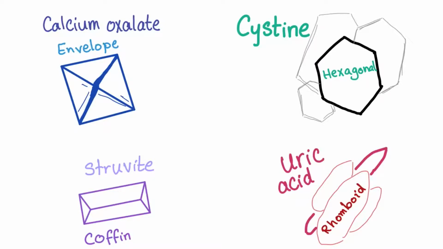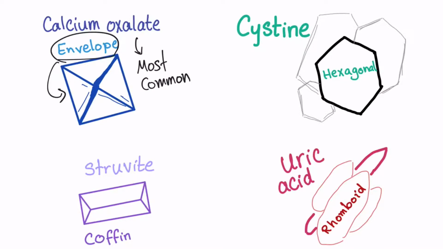These are the most high yield crystals for your exam and for life. First we have the envelope shaped crystals. These are the calcium oxalate. The way that I remember it is that calcium oxalate stones are the most common type of stones, and the envelope is the most common shape that you see in your life.